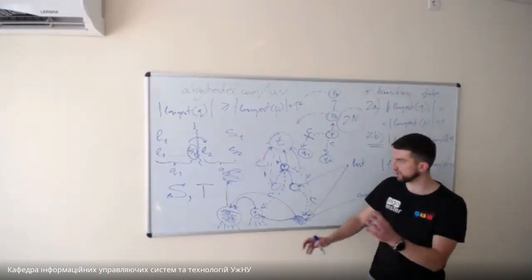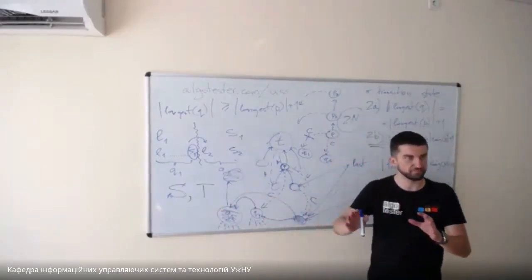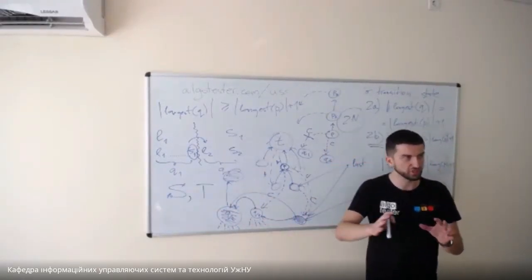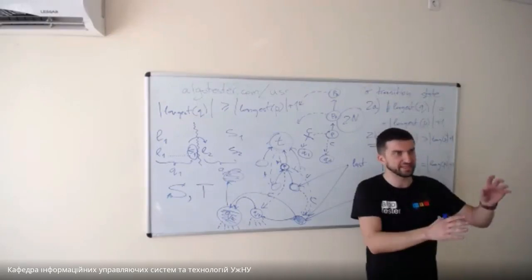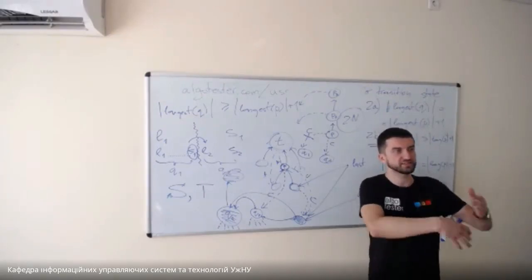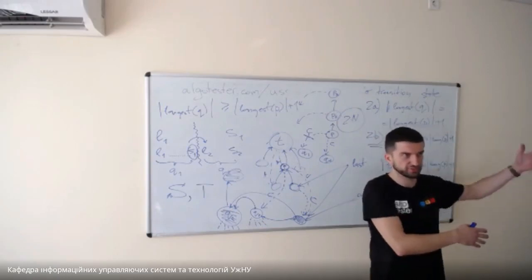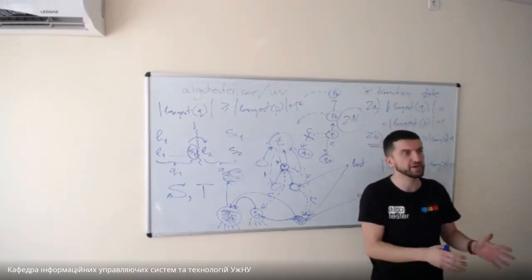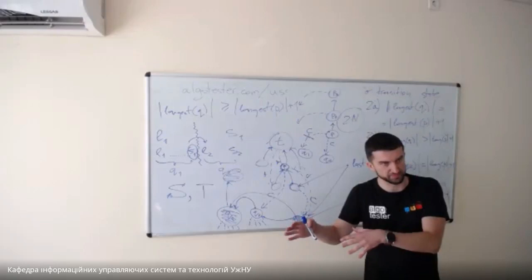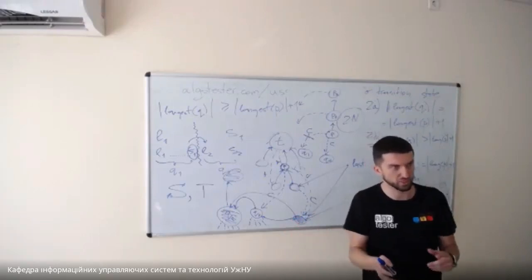So for each substring of S, there is a path in suffix automaton which starts from the root and ends somewhere. And vice versa, for each path in a suffix automaton which starts in the root and ends somewhere, there is a corresponding substring. So it's one-to-one.